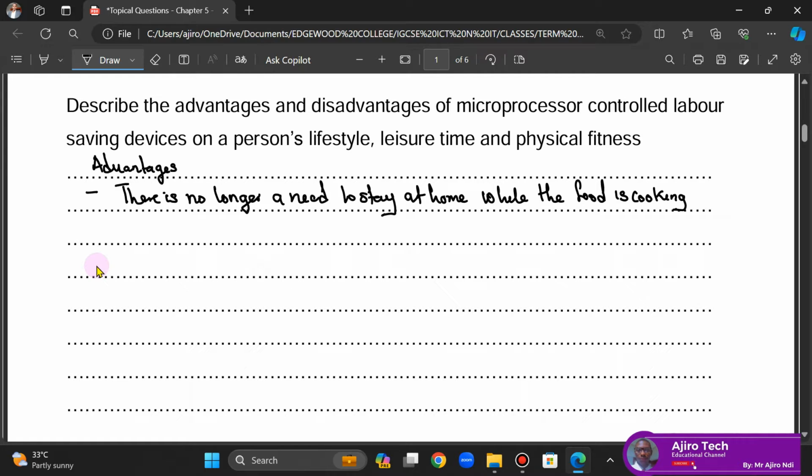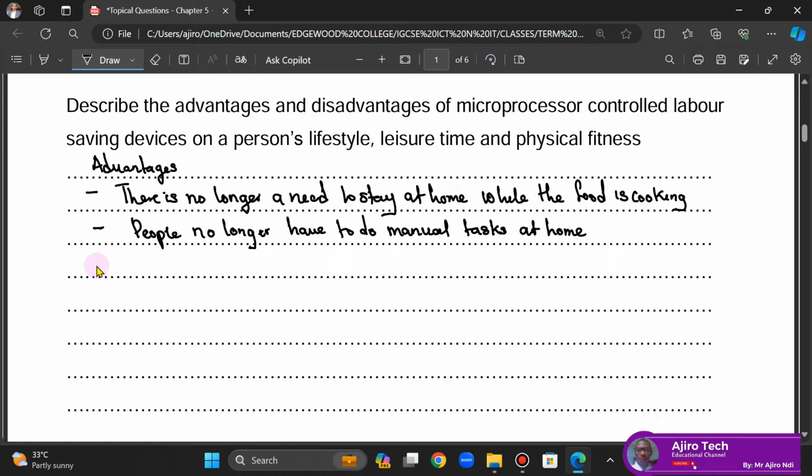The next point is people no longer have to do manual tasks at home, because now we have dishwashers, microwave ovens, bread making machines.